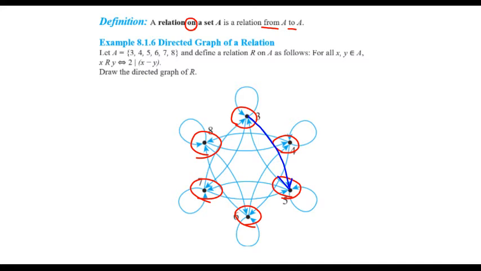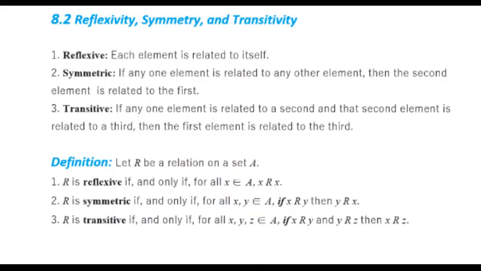Okay, so here we define 3 very important properties of a relation: reflexivity, symmetry, and transitivity. The first property, which is reflexivity, is defined as follows.